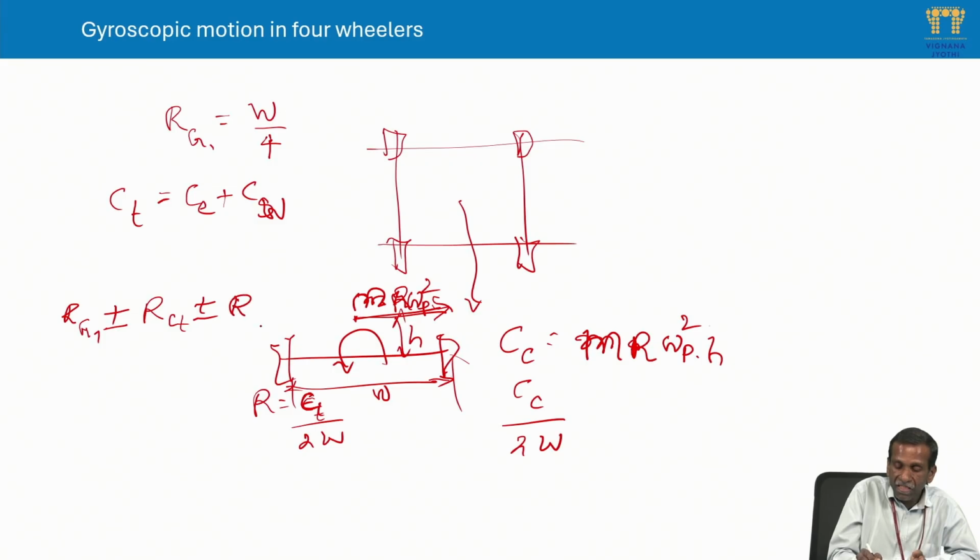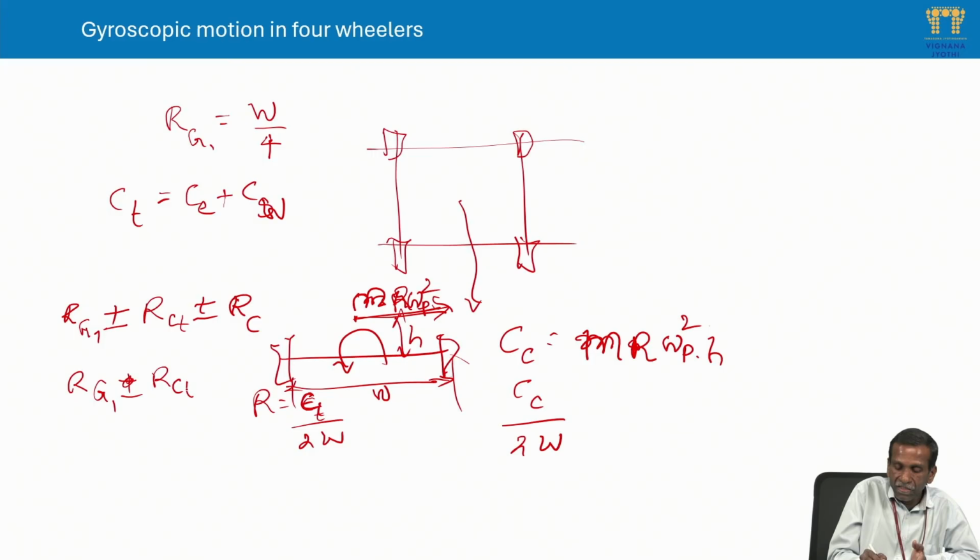Here also there is a reaction due to the centrifugal couple. If you take the rear wheels, due to mass the ground reaction is always positive, and due to centrifugal action it may be positive or negative, depending on whether they are front or rear wheels. If I take the front wheels, I have to use a minus sign.